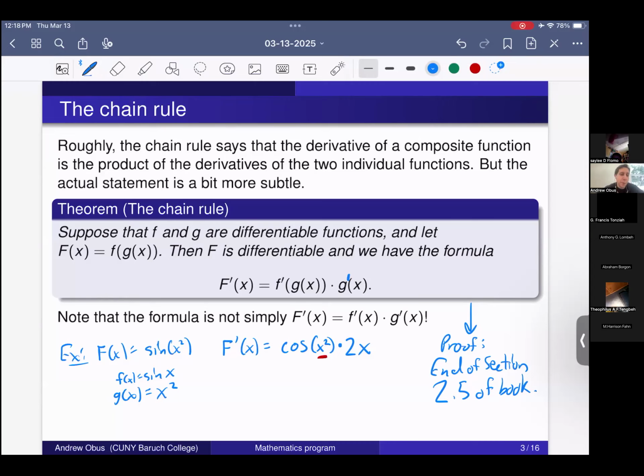It's not a fully rigorous proof, but I showed why the derivative of this composite function should be the product of the derivative of one times the derivative of the other. So if you want to see what is almost as good as a proof, it's a pretty good justification, look at last time's notes. Okay. So they're in there.